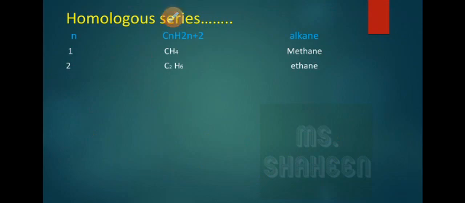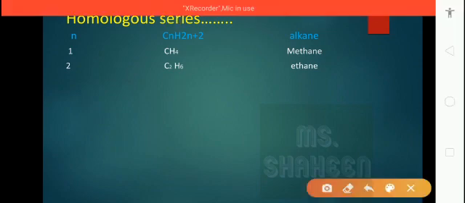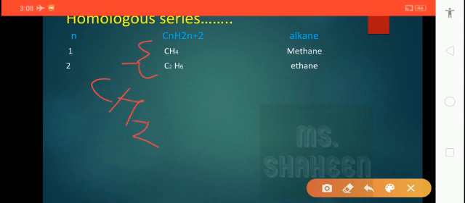One more thing, students: as in the definition of homologous series, adjacent members of two homologs have a difference of a methylene group, CH2. And you may see here that by adding CH2 to CH4, we obtain C2H6. You got it, students?